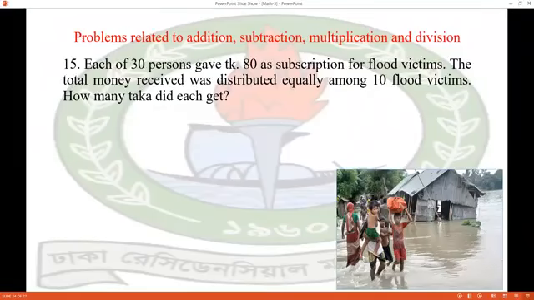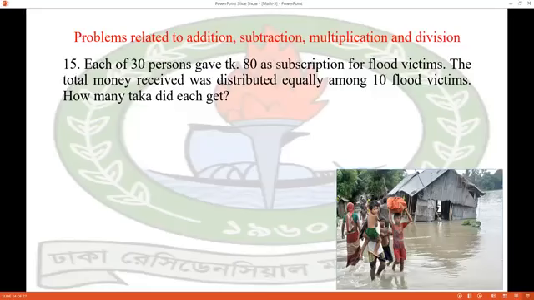So we can collect subscriptions for flood victims. Each of the 30 people gave 80 taka. The total money received was distributed among 10 flood victims. How many taka did each get?